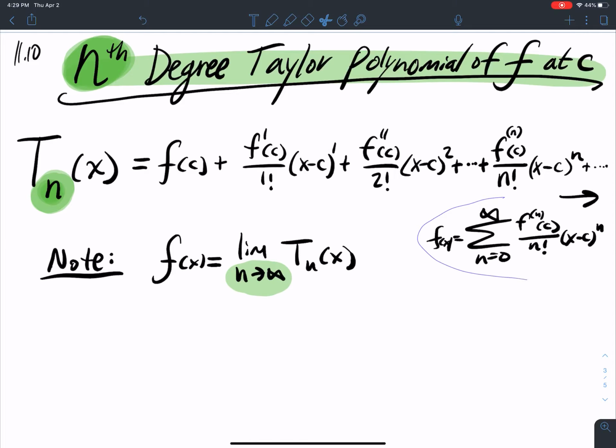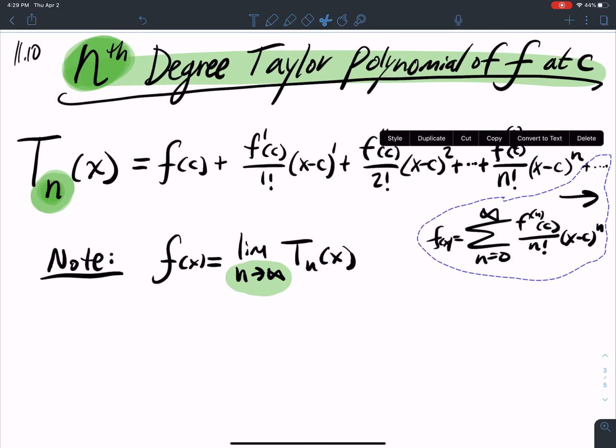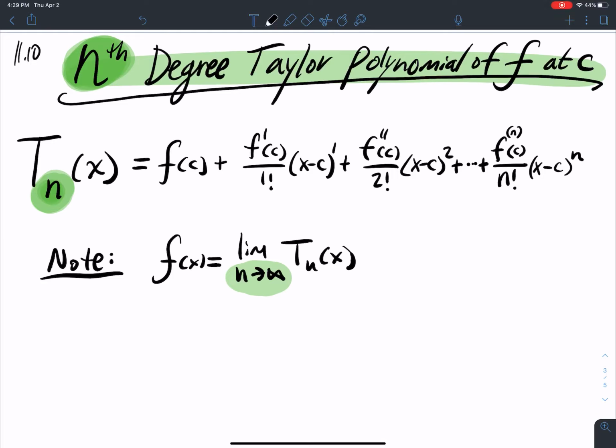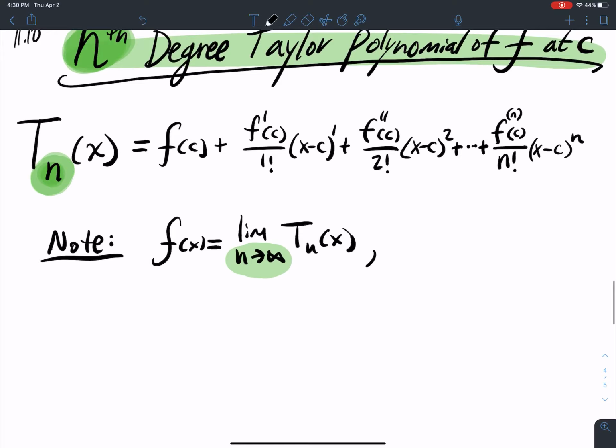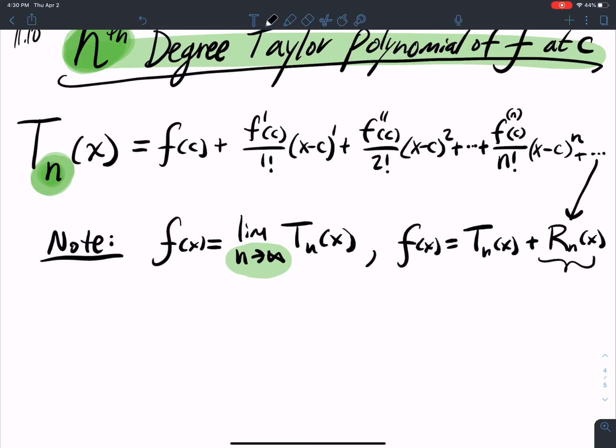So that's just a concept: if we push n to infinity, then we get what the function f of x is actually equal to. Now in reality, we can't do this, but since this is true, we can say f of x is equal to Tn of x plus some remainder, plus a little bit of something else in the dot dot dots, and that tells me what it's actually equal to.